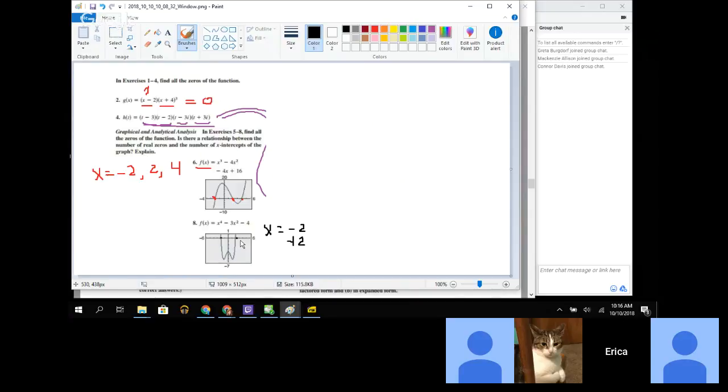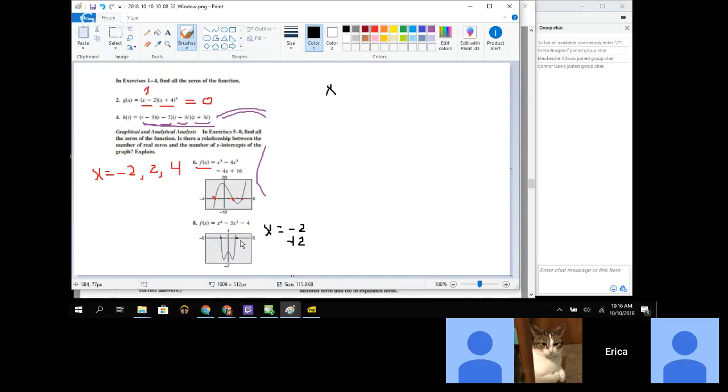So that means that I have two zeros that are real, and I have 2 zeros that are complex. Okay, so how am I going to figure out what my zeros that are complex are? Well, I'm going to bust out my old factoring and FOILing skills to figure this out.